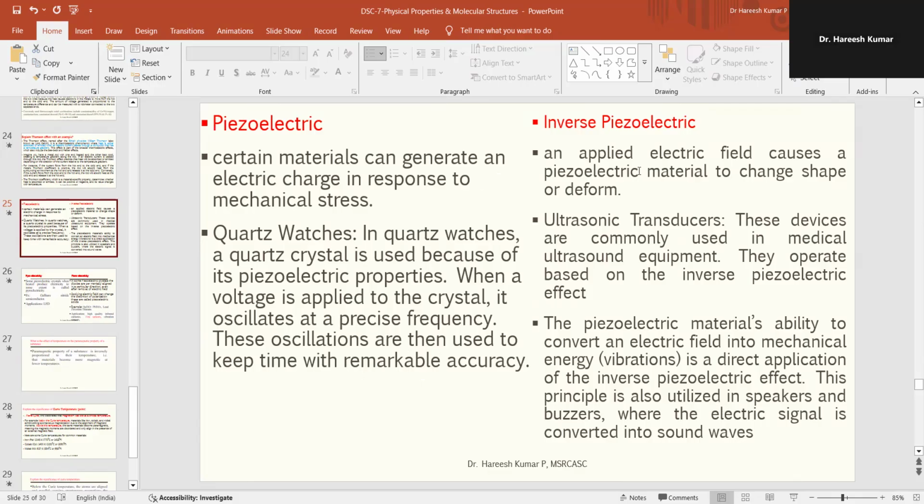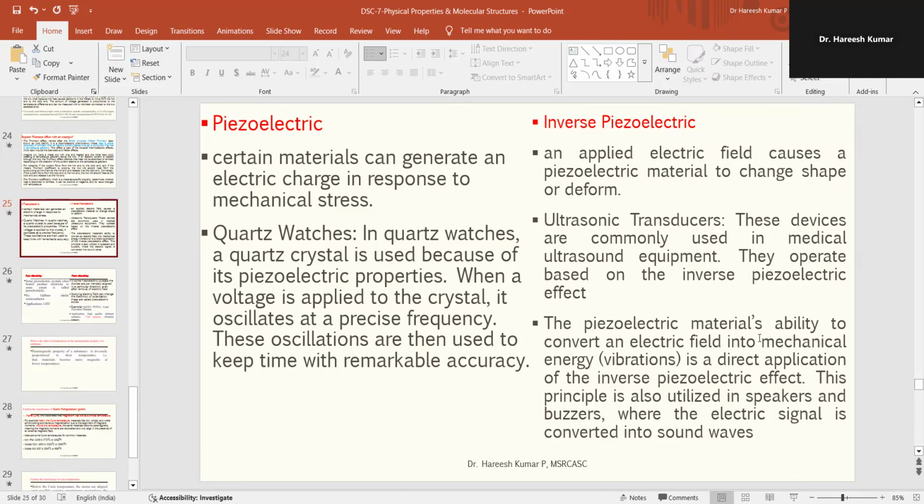If we are looking at the inverse piezoelectric effect, ultrasonic transducers are the devices, and these devices are commonly used in medical ultrasound equipment. They operate based on the inverse piezoelectric effect.